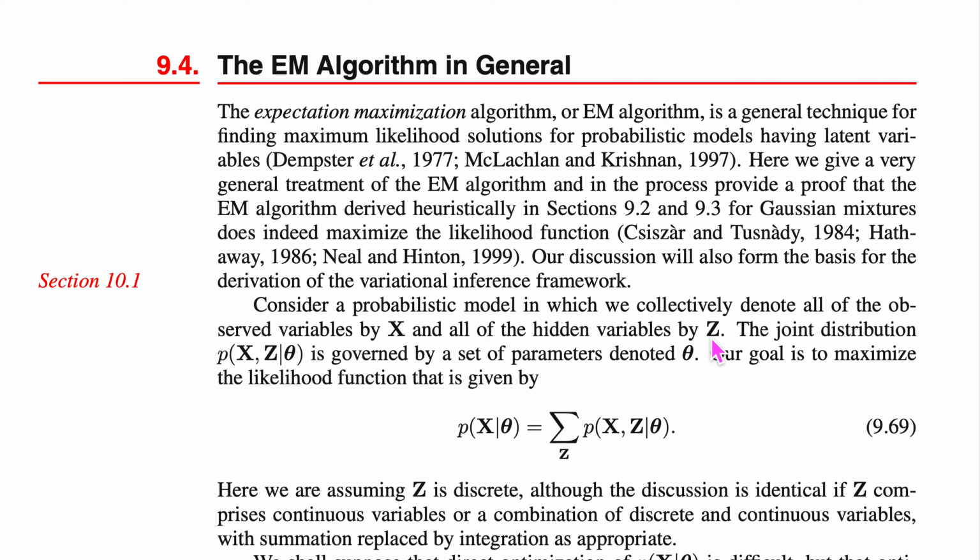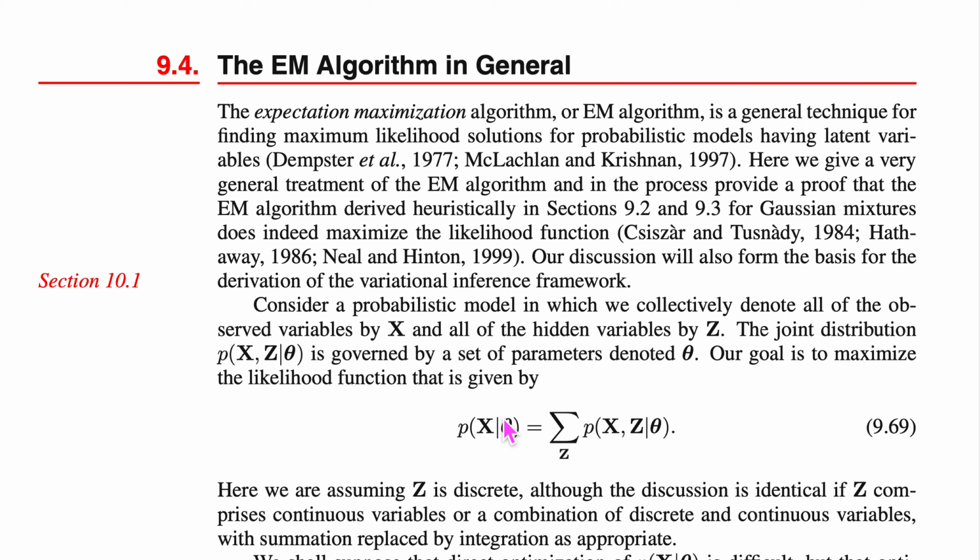And by breaking up what was just the probability of X into the joint probability of X and Z, and then summing over all the possible values of Z, we can get this to actually drop out to be better math for us. So again, this is our goal. We want to estimate the probability of the data given the parameters of the model.